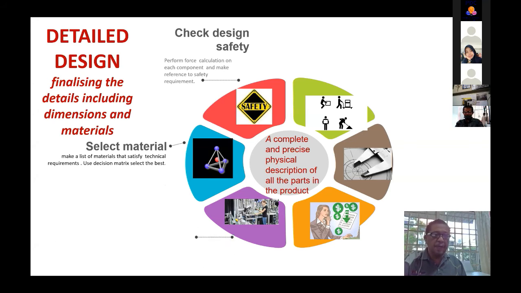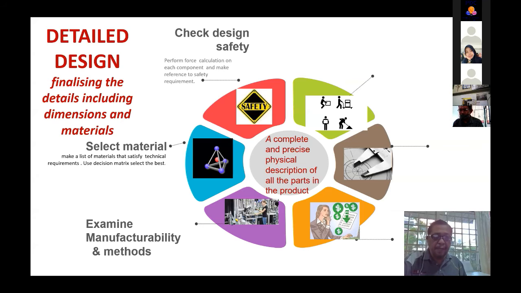Secondly, you select the right material. What is the best material for the product? If the product requires to be light, then you choose light material. If the use of the product requires it to be very strong, then you use material which is hard, which is very rigid.